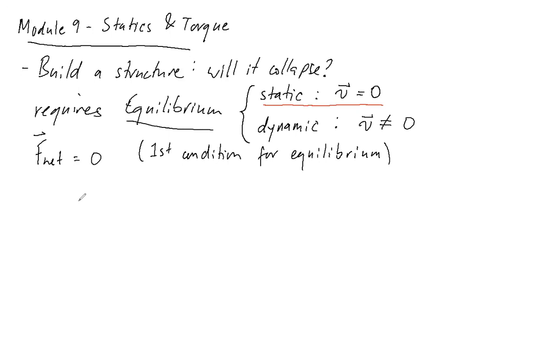Now, there's a second condition that is also required in order for you to be in equilibrium. The other one is this. So this is known as the second condition.